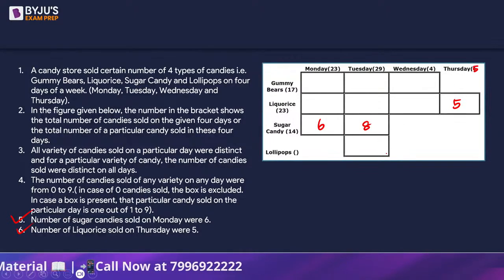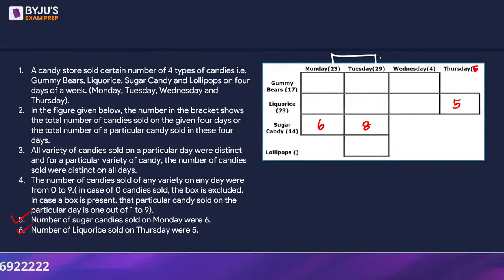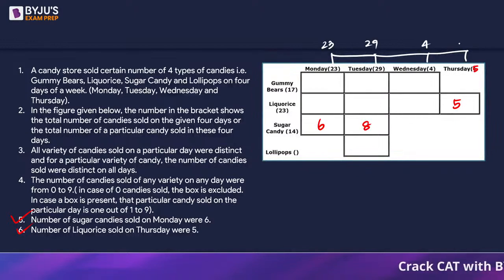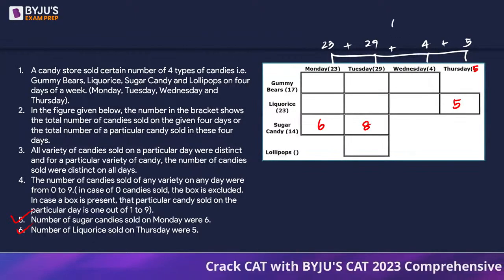This is done. Also, I hope you can understand this part, that the total number of candies that we have day wise, which is 23, 29, 4 and 5, this is going to give us 40, 50, 60, 61 candies overall.